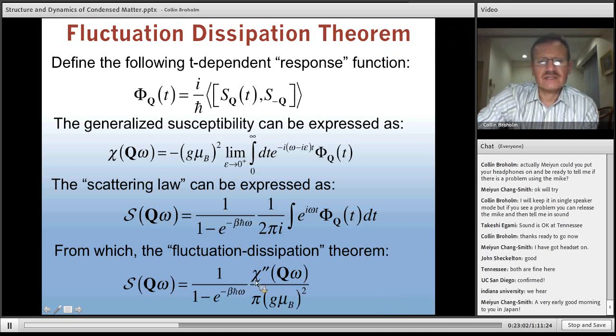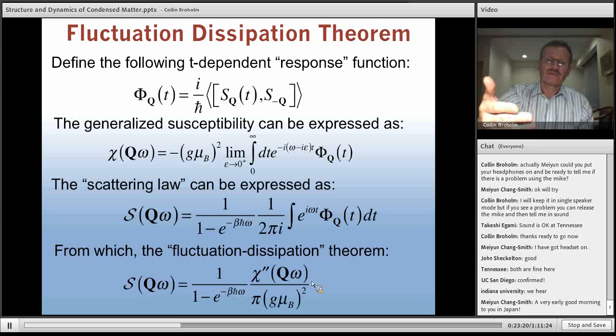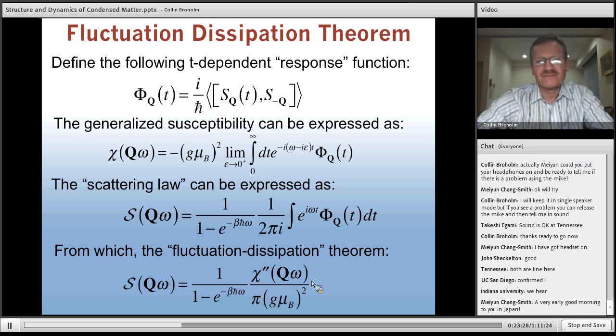And as you can see here, the scattering as represented by S of Q and omega relates to the imaginary part of chi of Q and omega, which also is called the absorptive part, because that's the part that describes the transfer to or from the material of energy in the process of exciting it with a time-dependent field.